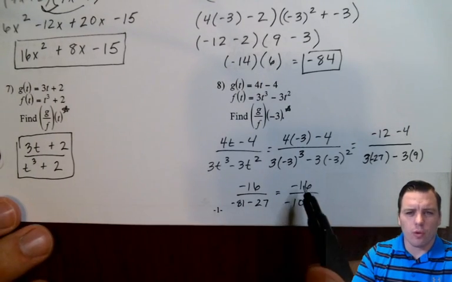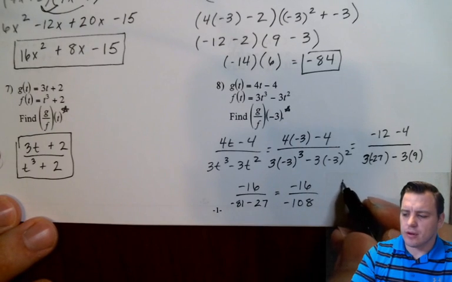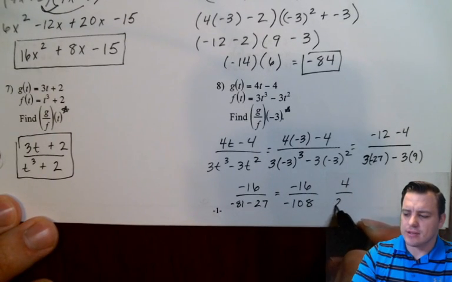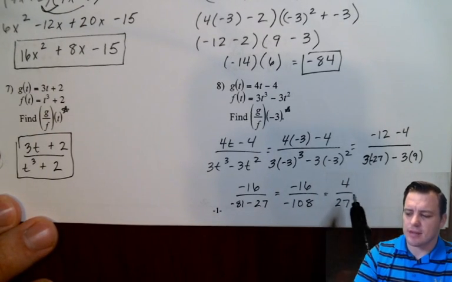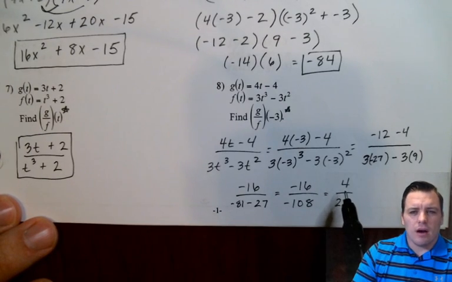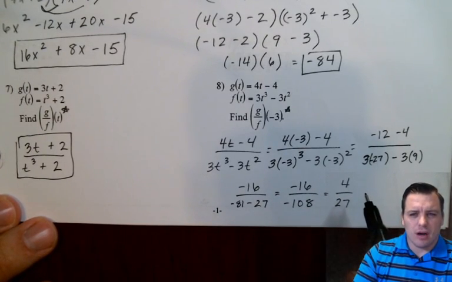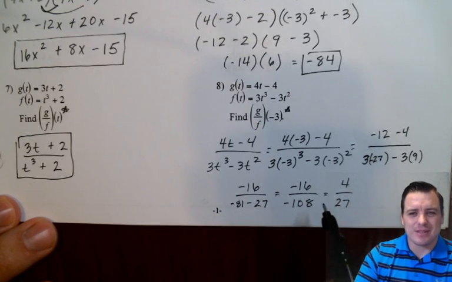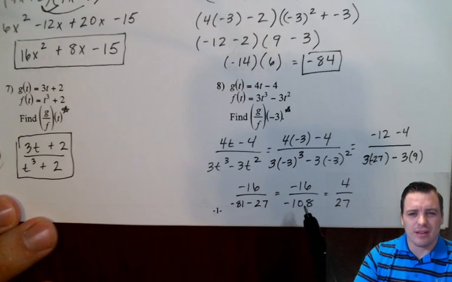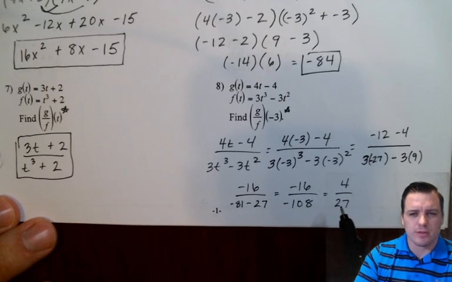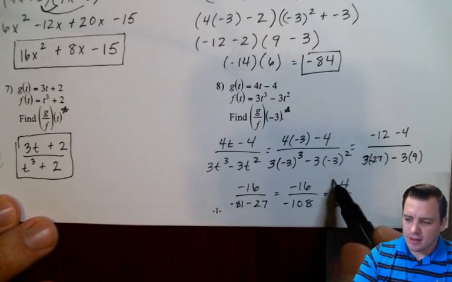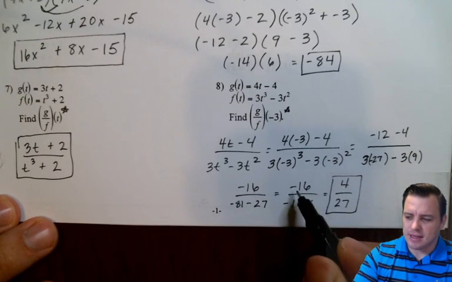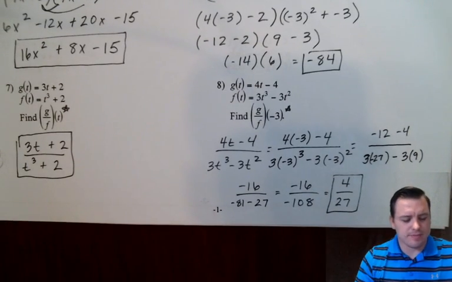Looks like 4 will go into both of them. 4 will go into that 4 times, and it'll go into that 27 times, because think about 4 going into 100: 25 times, because 4 quarters are 25. That'd be $1, but then 2 more 4s would be 27. And it's going to be positive because a negative divided by negative is a positive.